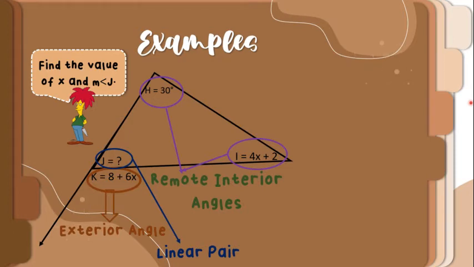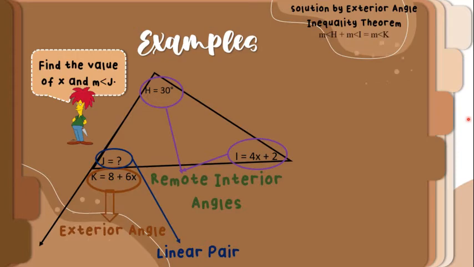Let us start solving for the value of x. Now that is by the exterior angle theorem. How? Again, when we use the exterior angle theorem, we are going to use the theorem that states that the sum of the two remote interior angles, the sum of the measurement of H and the measurement of I, is always equal to the measurement of the exterior angle.